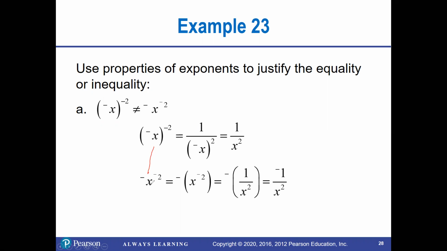There's no parentheses. So, it's like saying this. Only the x gets the negative 2, which means only the x goes down to the bottom. Notice that the negative still is outside parentheses. And then once you get it down to here, now it gets here, negative x. So, depending on where the parenthesis is, depends on what you do with it.